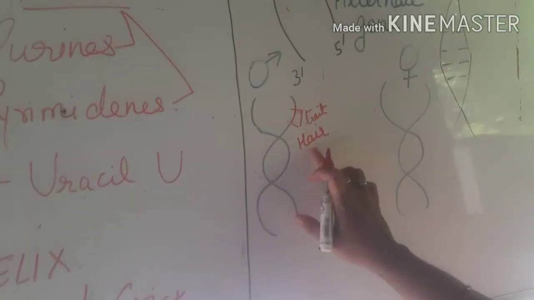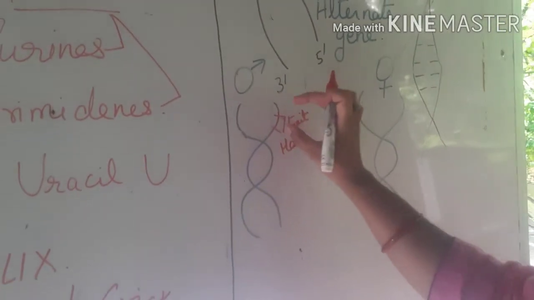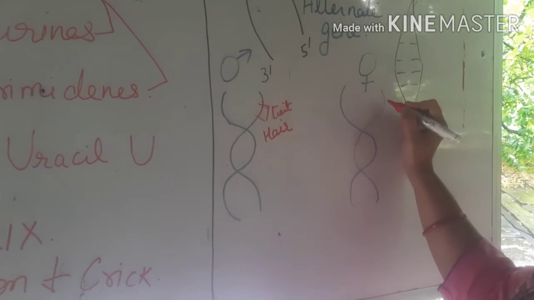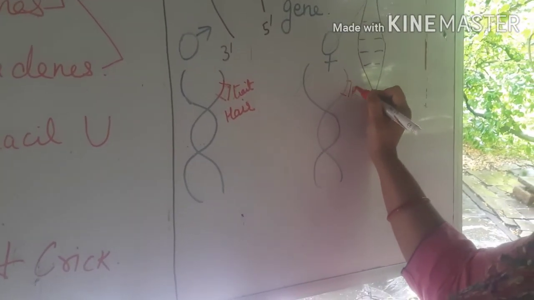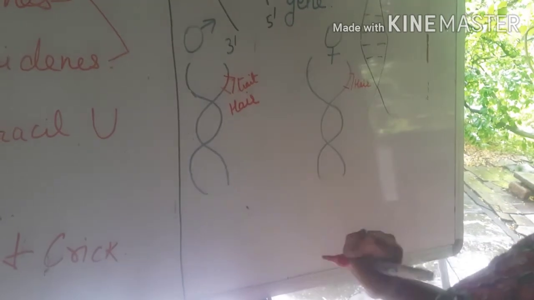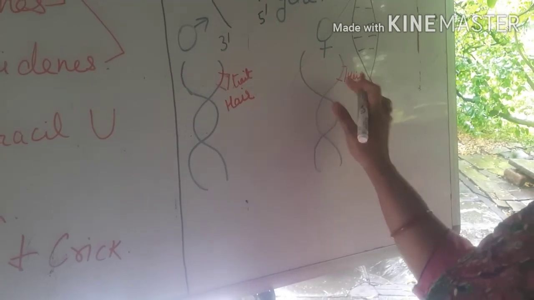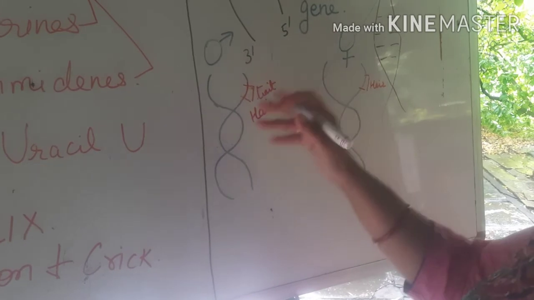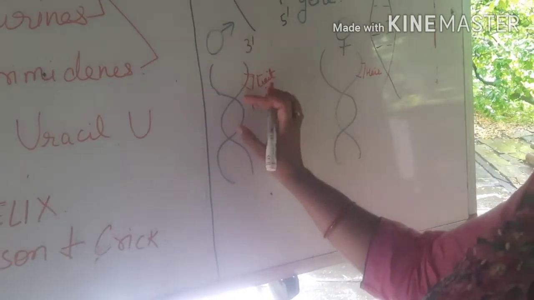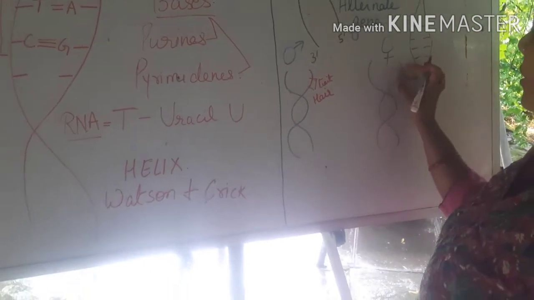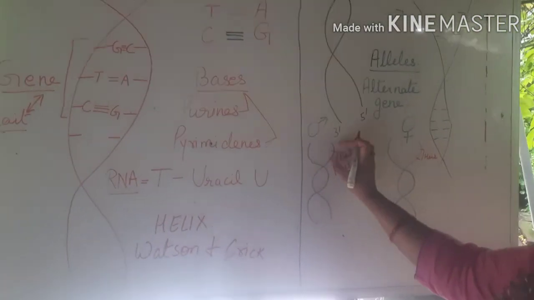It is from the father, this much portion. The same place, this locus, in the mother is also telling about the hair trait. Maybe it is black, it is brown, that is a different thing. But the trait is denoted on the DNA at a particular locus only. Locus means a particular point.